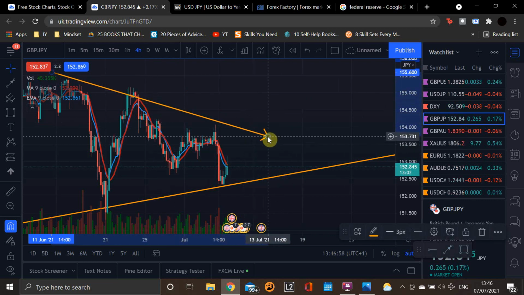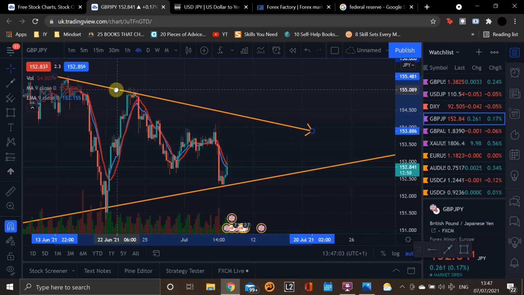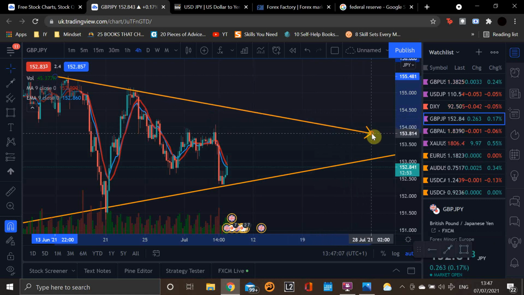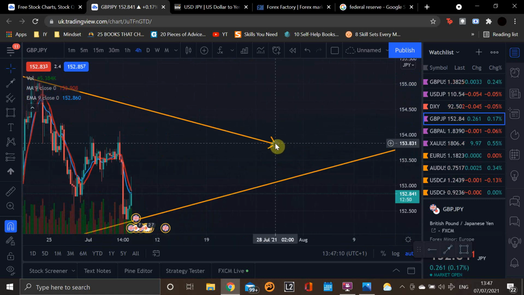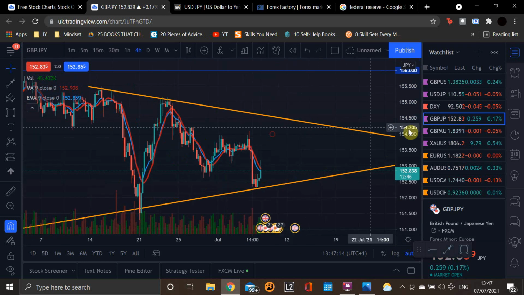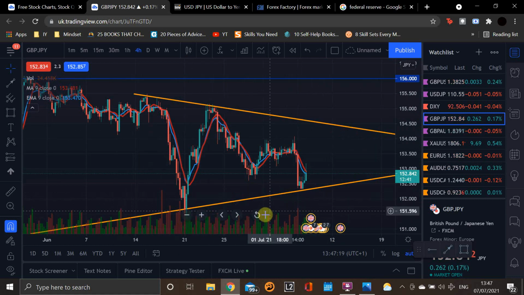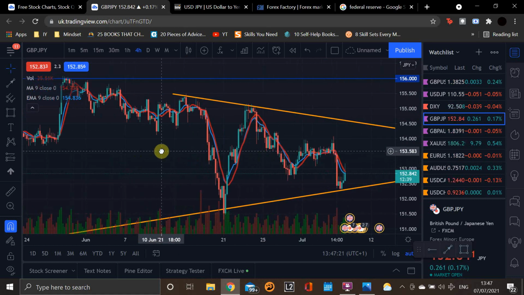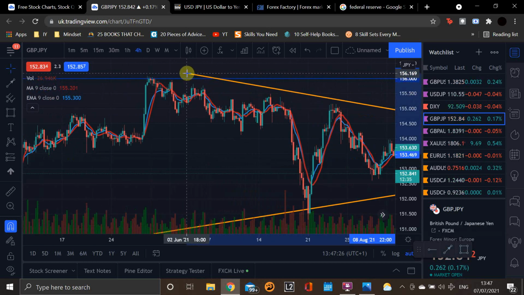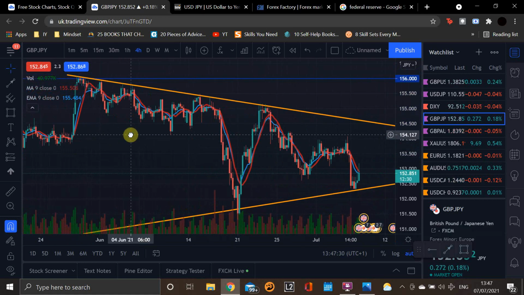This, maybe. So we have two possible patterns in one. We have touch up here, touch here, touch here, touch there. It even goes as far as here. This is definitely confirmed.